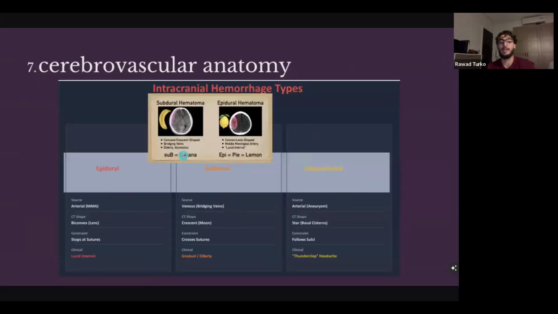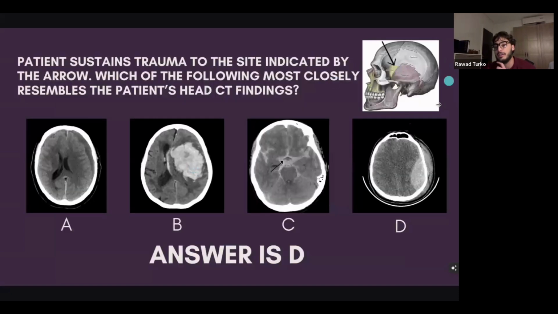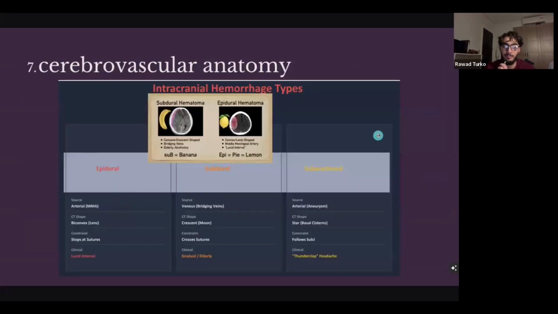Again, the site that we talked about here is called the pterion. This is where specifically the middle meningeal artery is very close to the surface of the skull. So if you have trauma to this site, then you can get involvement of the middle meningeal artery, which can cause an epidural hematoma. I'll show you in a minute a picture of the middle meningeal artery.